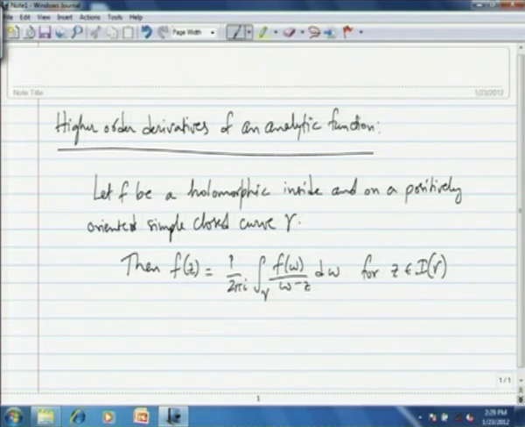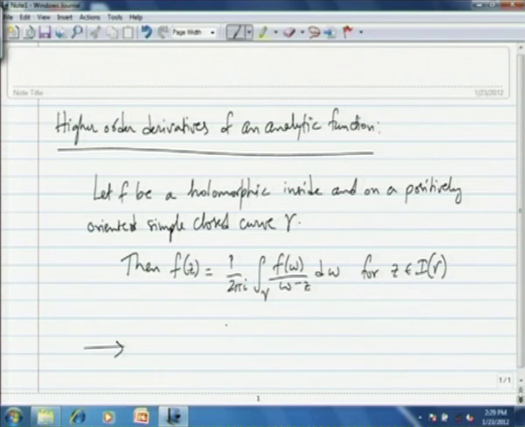Okay. So, now the intuition is that we will be able to differentiate under the integral. Hopefully, if we are able to differentiate under the integral sign, then we hope to say that f prime of z is 1 by 2 pi i times the integral over gamma of the differentiation with respect to z.